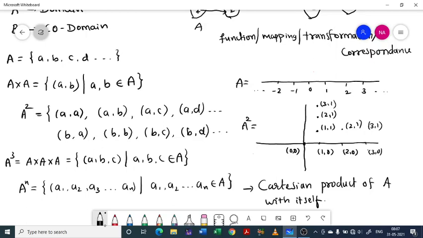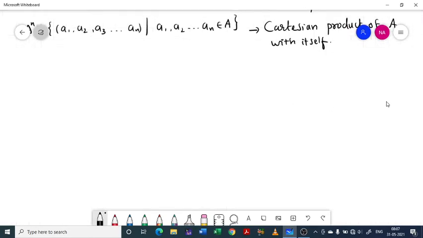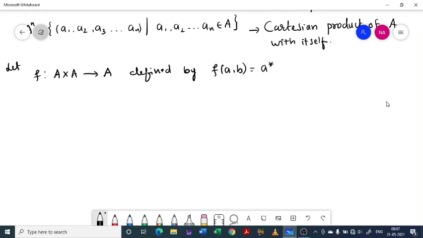Next, we will define operation on product of sets, or you can say function on product of sets. Let f be a mapping from A cross A to A, defined by f(a, b) equal to some operation between them, a star b.